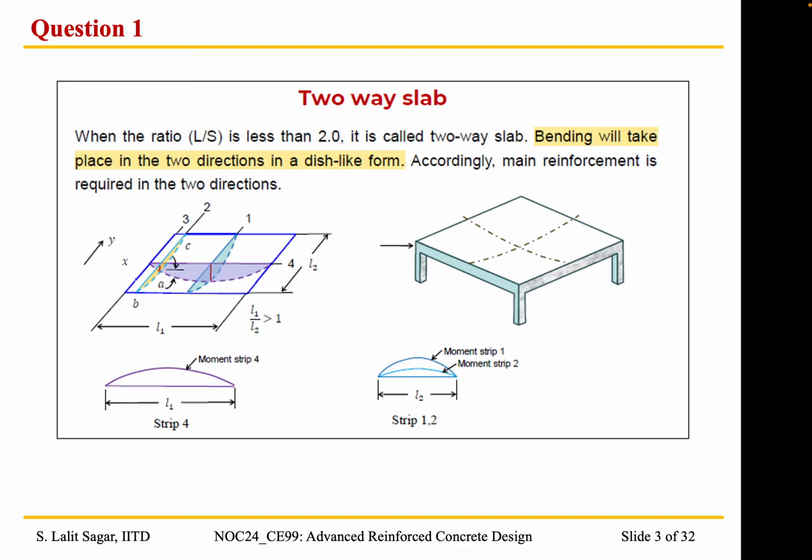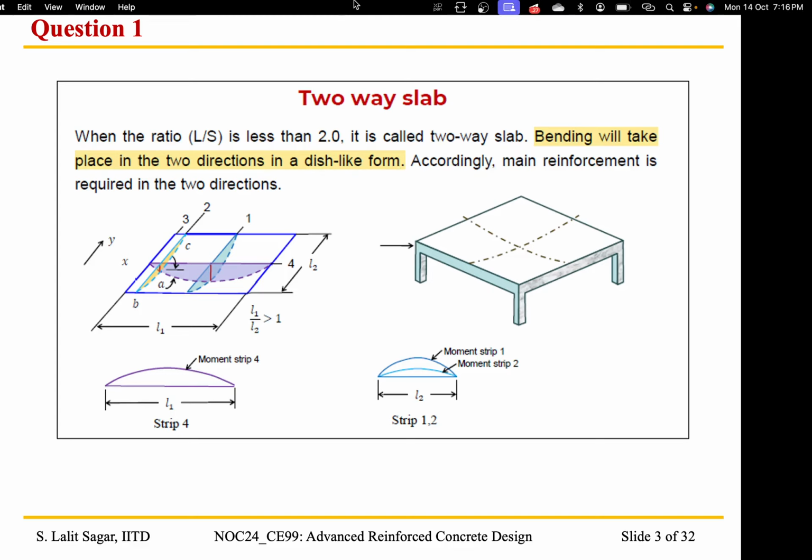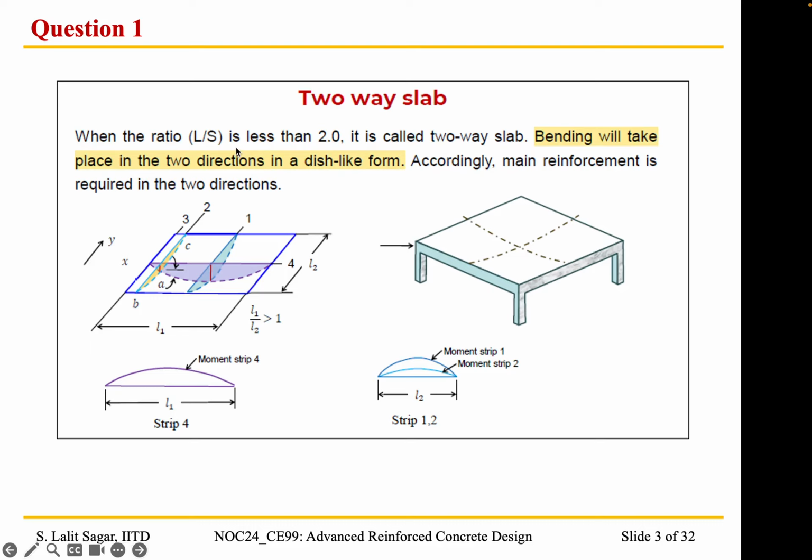In a two-way slab, the ratio of the longer side to the shorter side is less than 2, which is why it bends along both the directions in order to develop a dish-like form, and hence the main reinforcement is required along both the shorter as well as the longer directions.